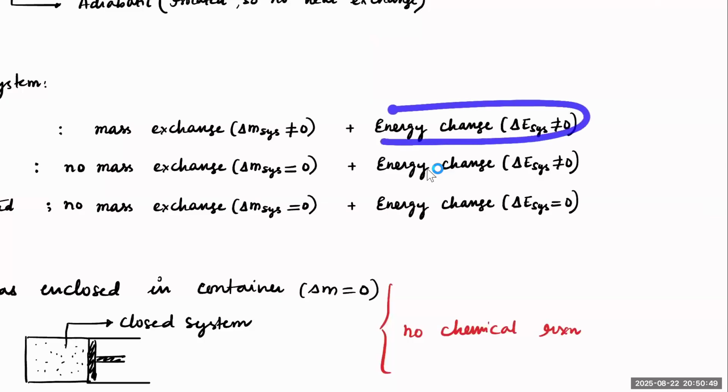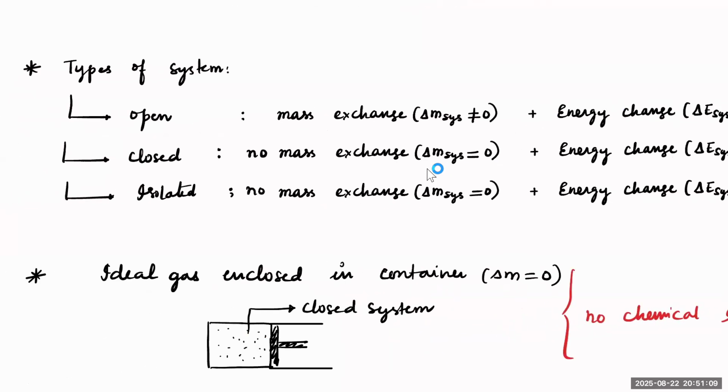So in the system there is a change in mass. It might be either gaining or losing. And in the same way there is a change in energy. So if mass and energy both are being exchanged with the surroundings, then we say it is an open system.